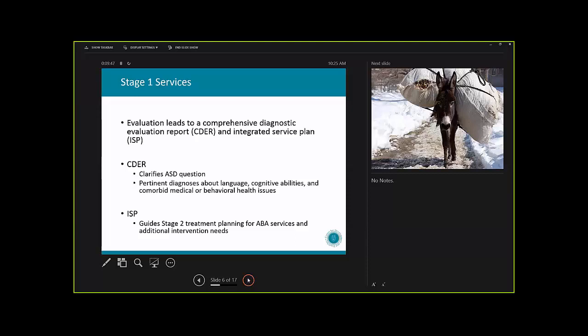So what you would see outlined in an integrated plan would be not only the recommendation for ABA and areas to address with that, but also the other recommendations for treatment that would address those needs of the child that were determined by that comprehensive evaluation.